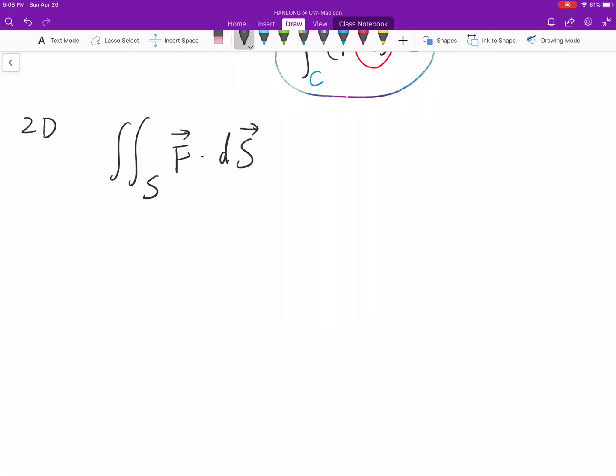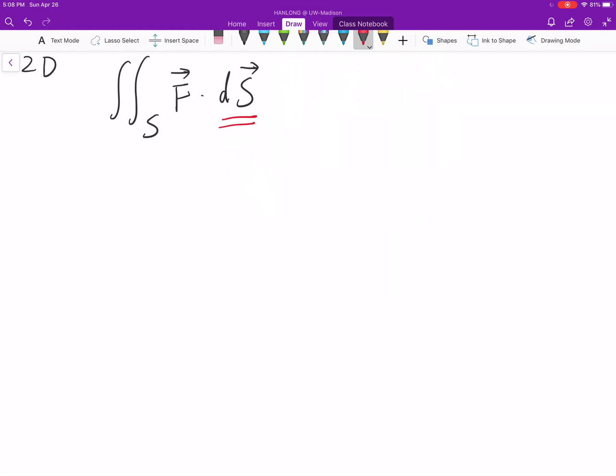So here you have capital S and an arrow over it, and this indicates we are considering a surface integral of a vector field. Okay, we don't know how to compute it, but first, what is the definition? Physically we can introduce the idea first.